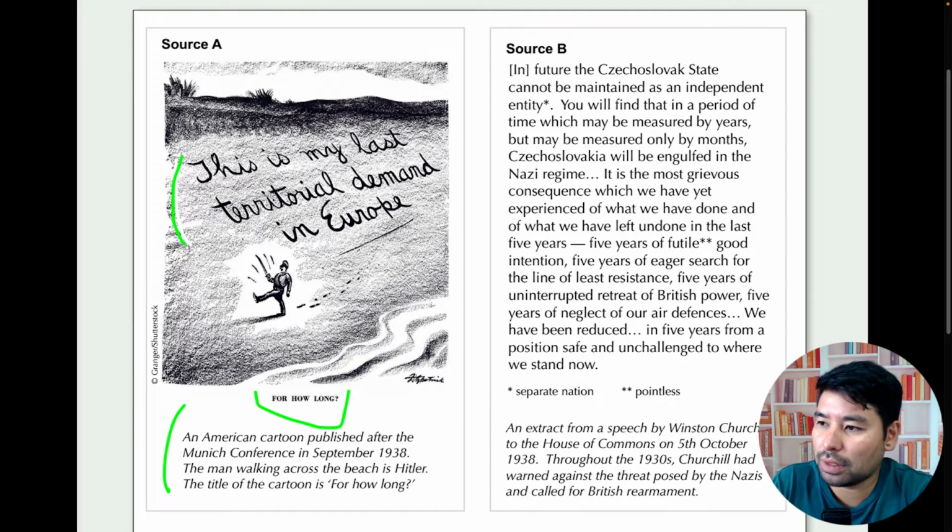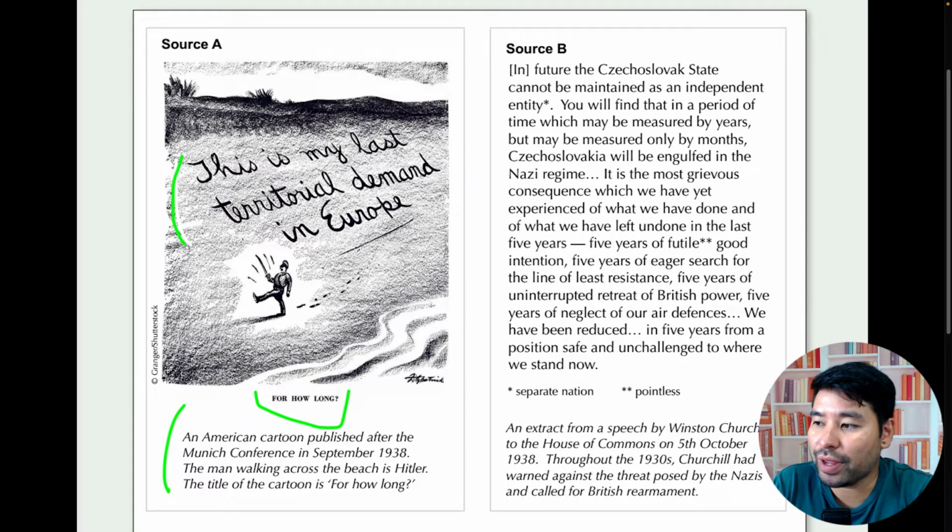In future, the Czechoslovak state cannot be maintained as an independent entity. You will find that in a period of time which may be measured by years, but may be measured only by months, Czechoslovakia will be engulfed in the Nazi regime.